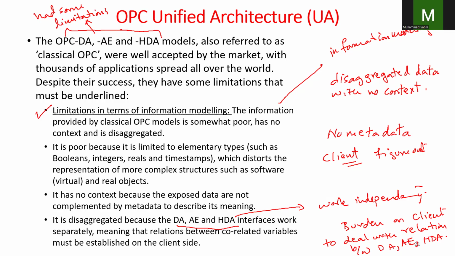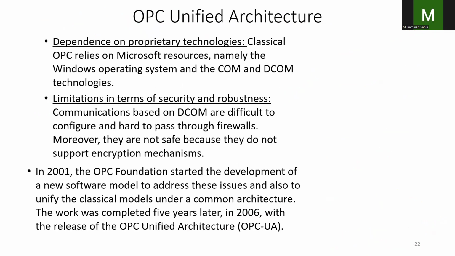Next, we will see a few more limitations. Continuing from the previous slide, now we look at two more limitations of classical OPC and what motivated the development of OPC UA. The first is the dependency on proprietary technologies.